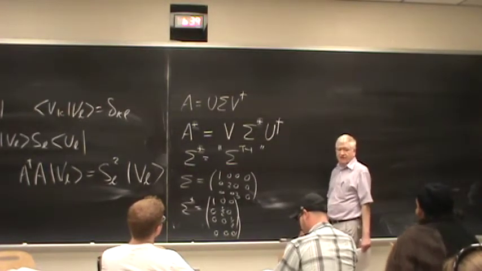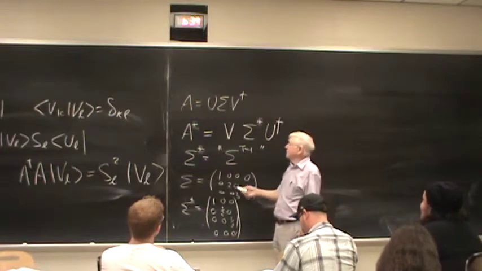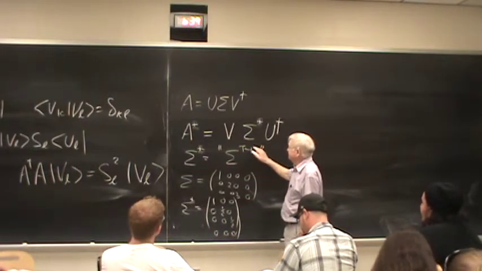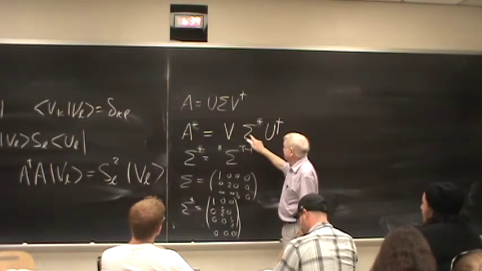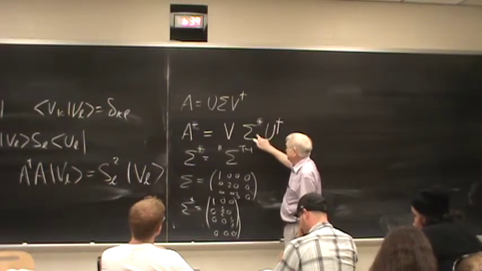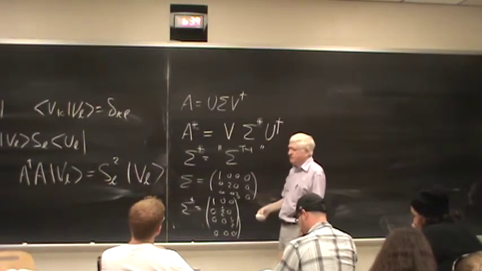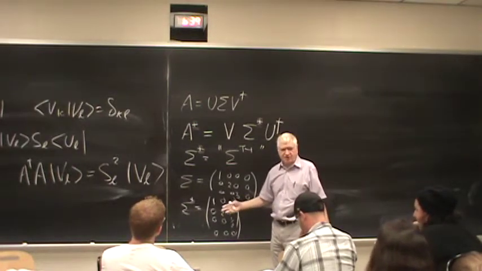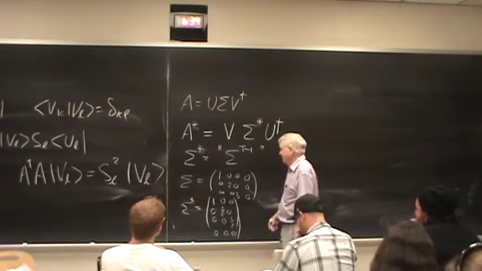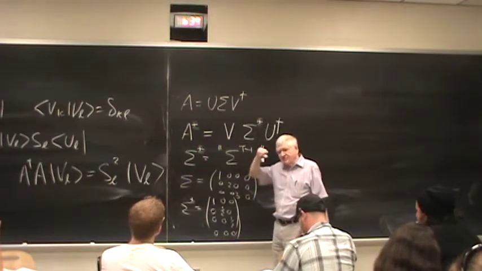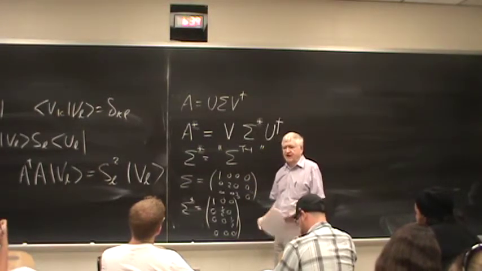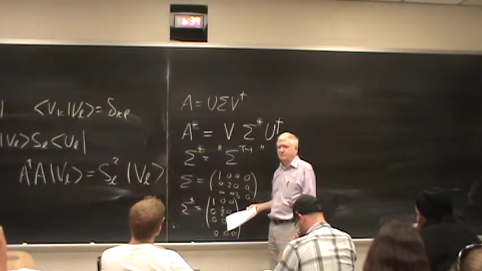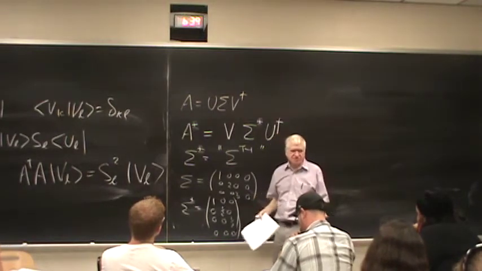Okay, so what you do is you write V and U dagger, and then in the middle you do this funny thing where you take the transpose of the matrix, and in general it's rectangular, and then you invert numerically all the singular values, and they're all real and positive, so it's just 1 over.